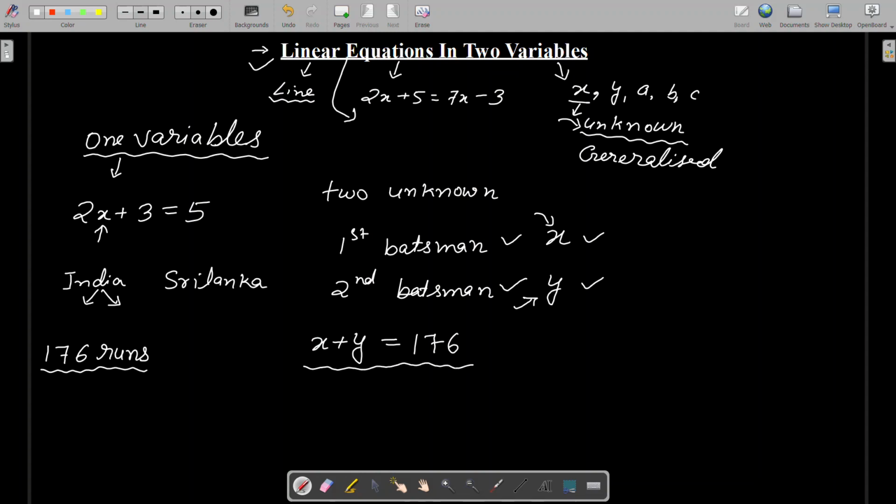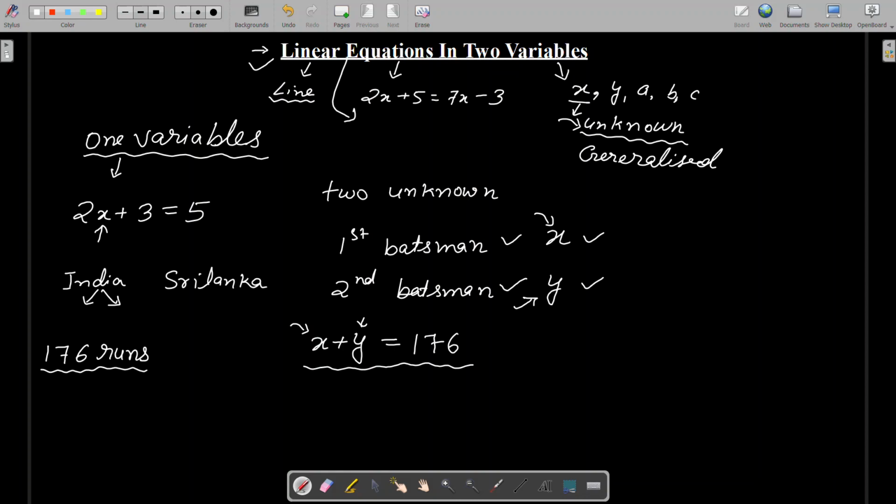Now this is once again an equation which consists of two unknown quantities which are expressed in terms of x and y. This kind of equation is known as a linear equation in two variables, where we use two unknown quantities to represent the equation. So this is how we start.